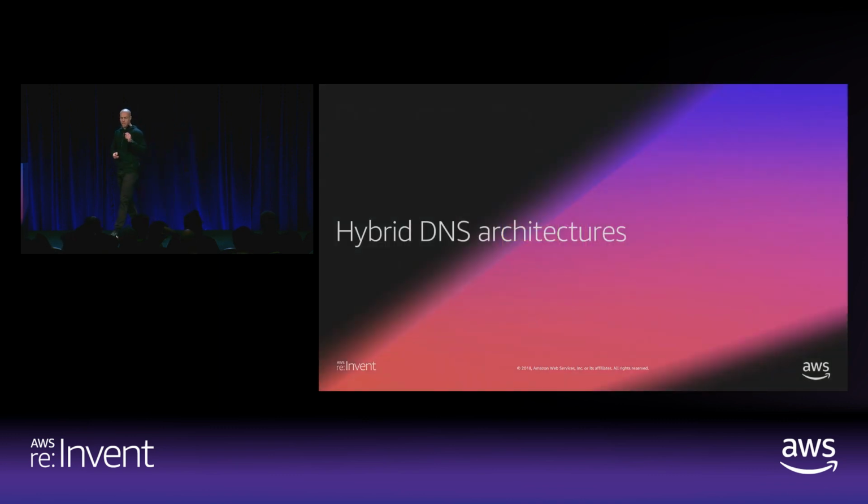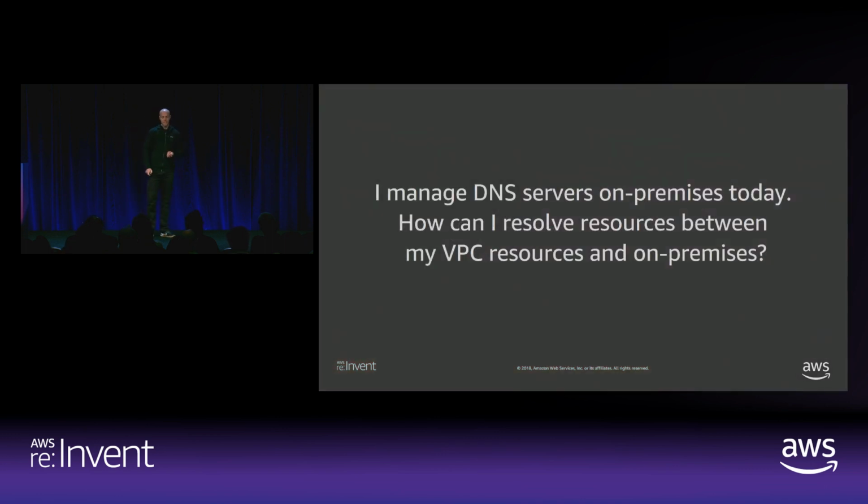OK, completely shifting directions here. I told you at the beginning that we would be talking about some use cases and new features and functionality. Customers with Direct Connect are often connecting to data centers where they have DNS infrastructure. And a VPC relies heavily on DNS for addressing instances and services within the VPC.